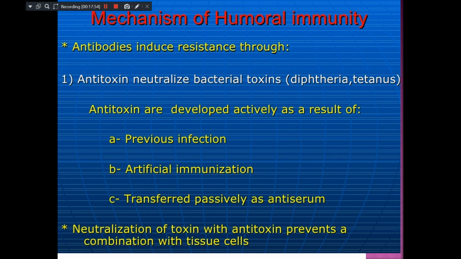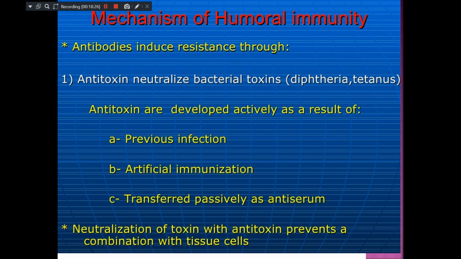Now, we should know the mechanism of humoral immunity. Antibody induces resistance. Humoral immunity works through the antibodies, and we should know how these antibodies can induce humoral immunity. In fact, the humoral immunity we speak of in any individual is because of the antibodies.